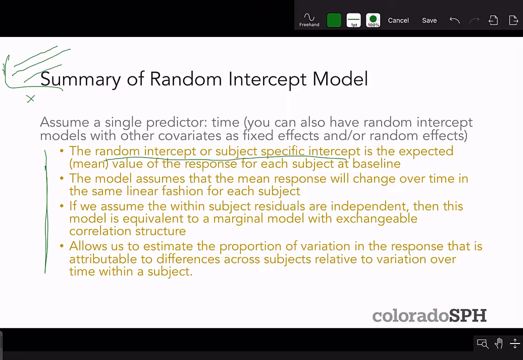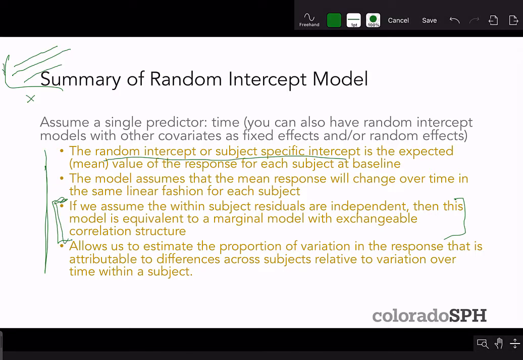If we assume the within subject residuals are independent, then this model is equivalent to a marginal model with exchangeable correlation structure. We haven't talked about that much yet, but there is a link between certain linear mixed models and certain GEE models, which we'll learn about in next week's set of lectures.